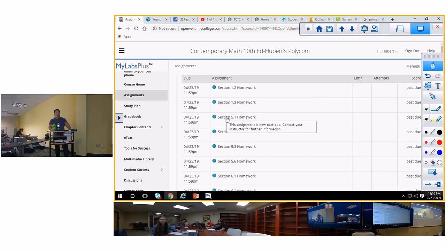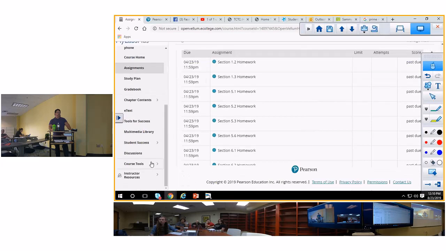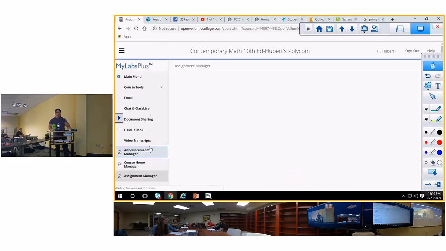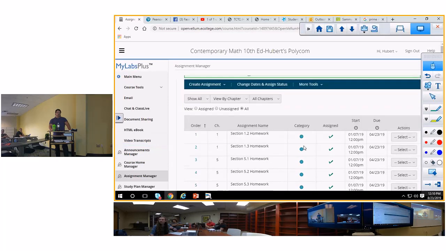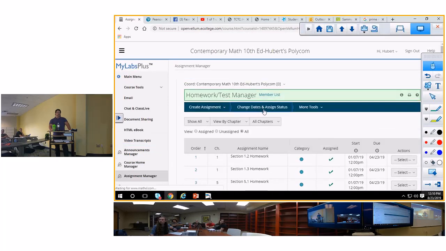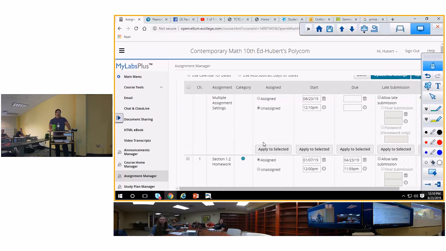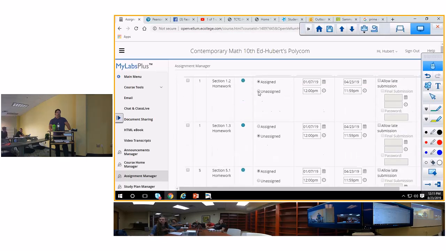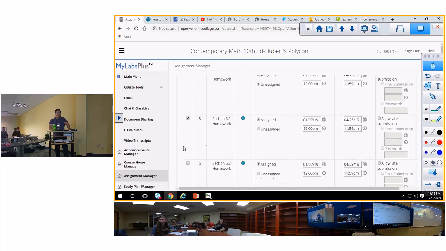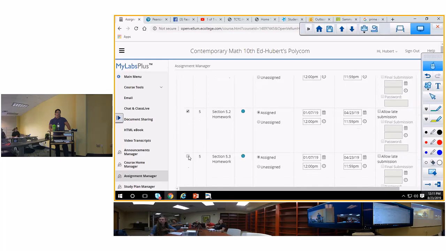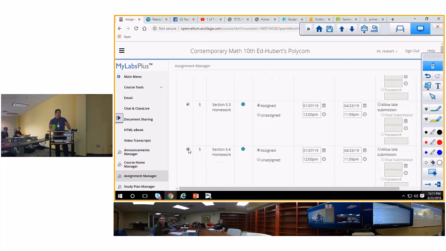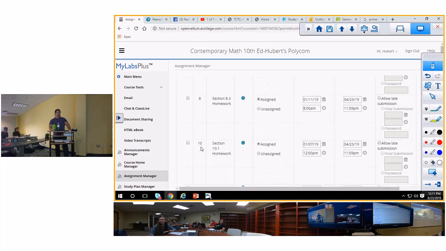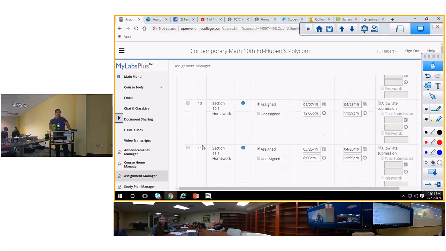I haven't turned them on. I need to turn them on. I suck. Hold on. Okay, let me do this. It's easier to go through here and do this. Okay, 5.1. Let me go ahead and unassign those two. And hit 5.1, 5.2, 5.3, 5.6. Don't y'all do 10.1 also? Yeah. Somebody look on your outline. Yes, we do.